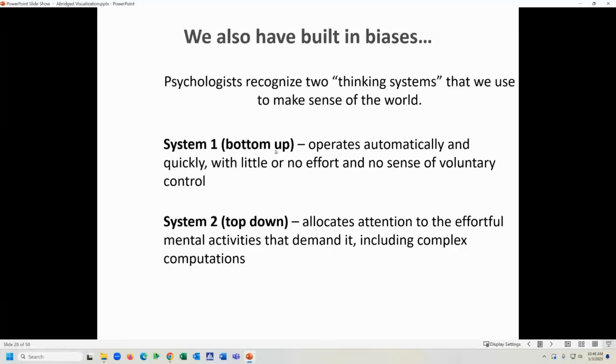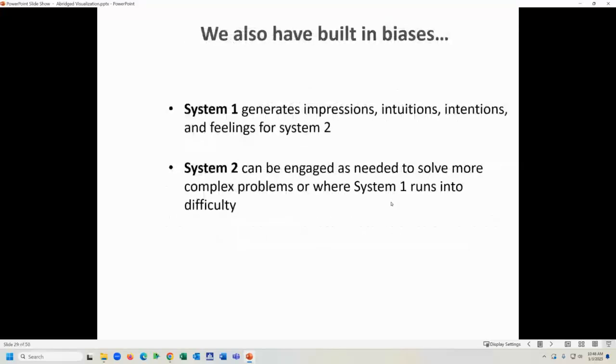The book Thinking, Fast and Slow, written by Daniel Kahneman, who won a Nobel Prize, is an excellent book for talking about how system one and system two interact. So system one can have biases, and that's what we have to be wary of.